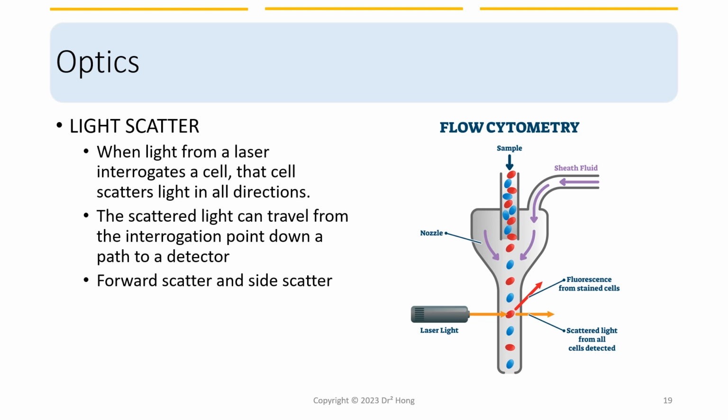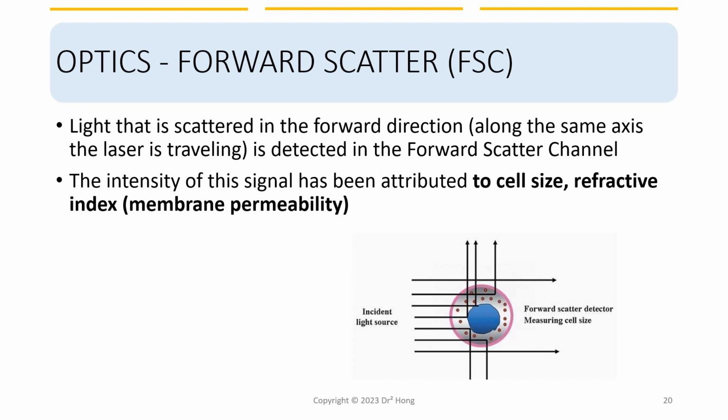And there are two types of light scatter that are commonly measured in flow cytometry: forward scatter and side scatter. Forward scatter is the measurement of light that is scattered in the forward direction as the laser beam passes through a cell. Now, this measurement is related to the size of the cell and membrane permeability, with larger cells scattering more light in the forward direction.